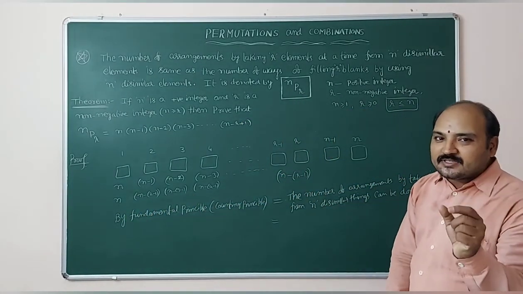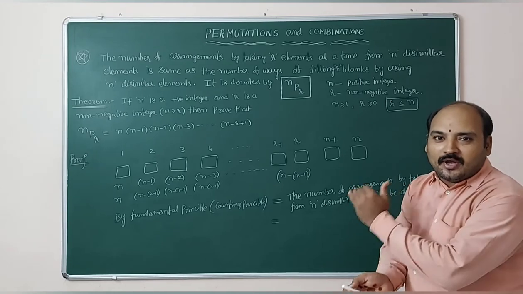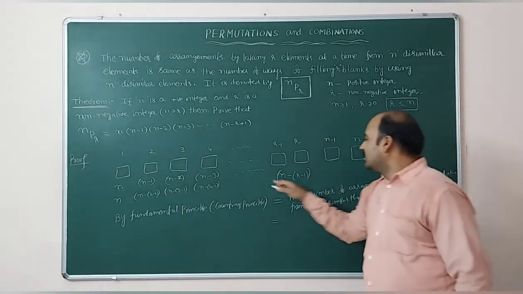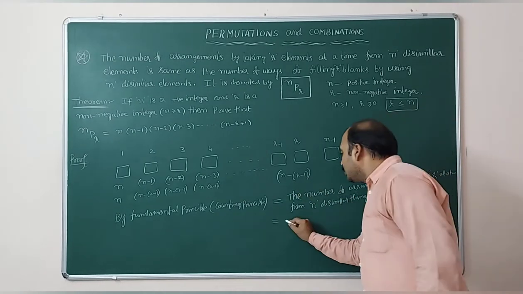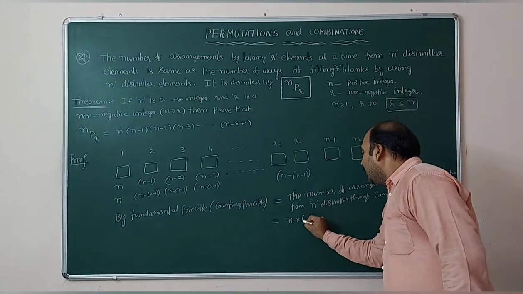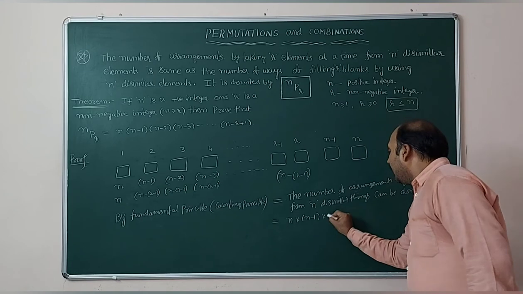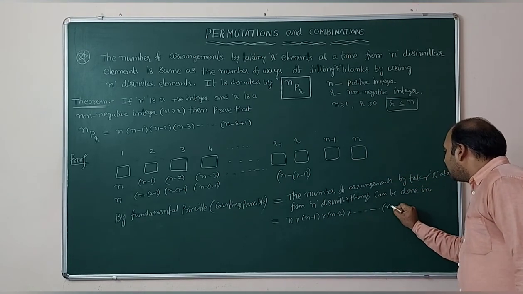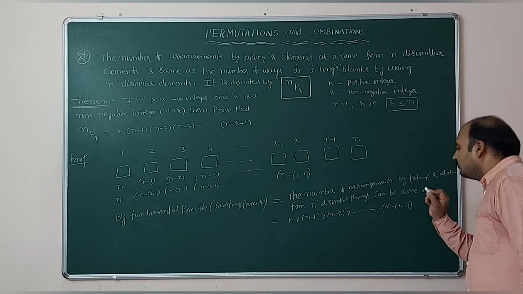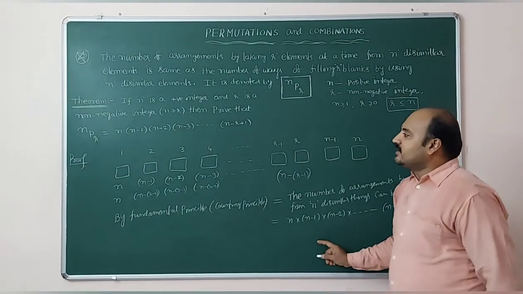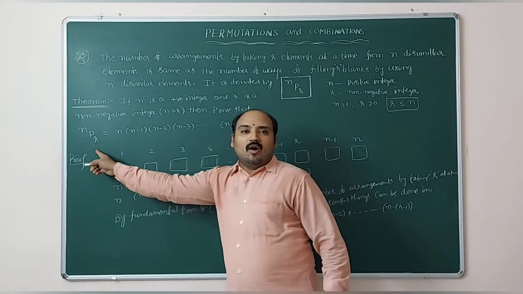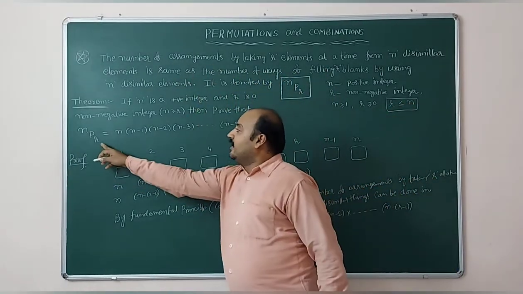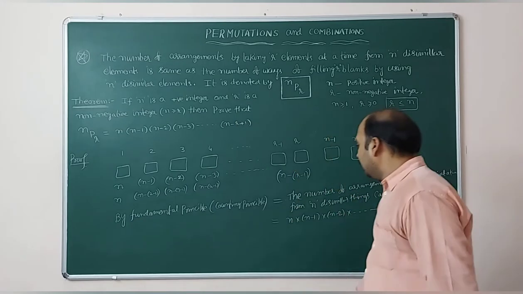So if only two operations are there, we multiply m into n. Here how many operations have we done? 1, 2, 3, and so on, up to n minus of r minus 1. So n into n minus 1 into n minus 2 into and so on, n minus of r minus 1. This value is equal to nPr, the arrangements of r elements taken at a time from n dissimilar things.